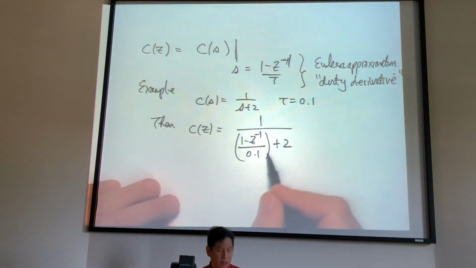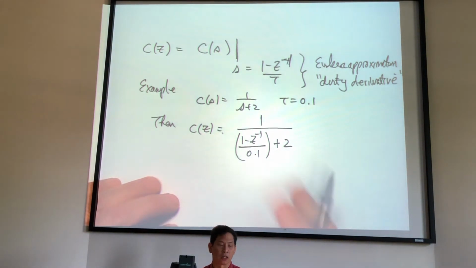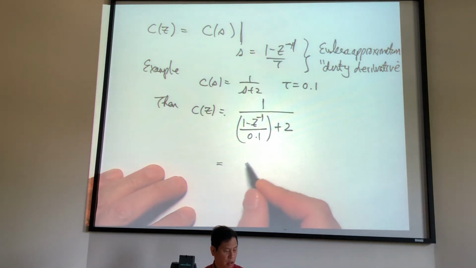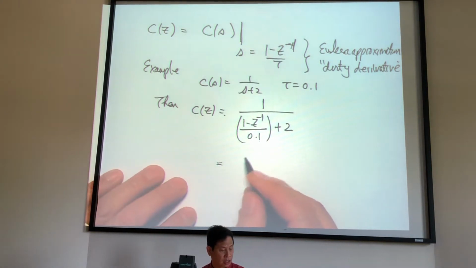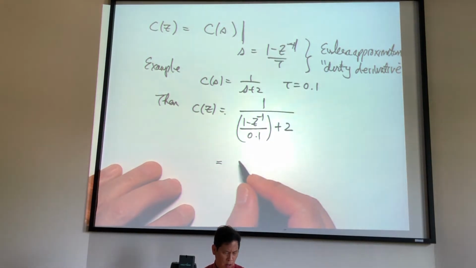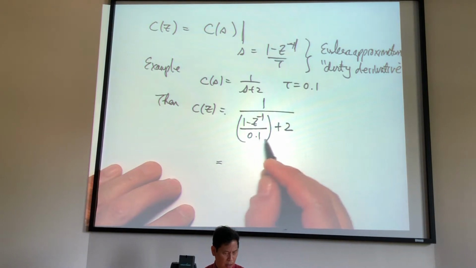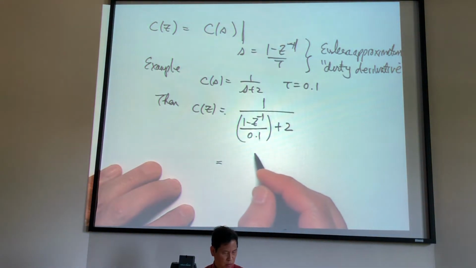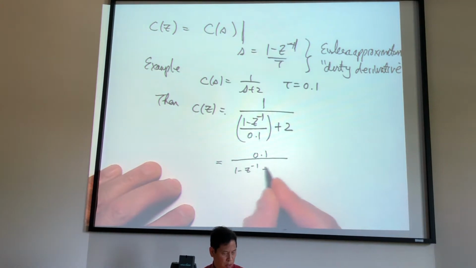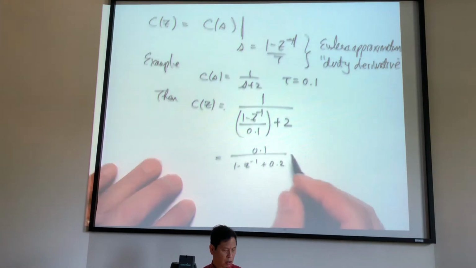Let's continue on a little bit. This still is not a difference equation, it's an expression in z. Let's clean up the algebra a little bit. Oh, so you all help me out. I have to talk and write at the same time, so I might make an algebra mistake, so watch me like a hawk. Okay, so I think the way I'm going to clean this up is I'm going to multiply through by 0.1, and then this becomes 1 minus z to the minus 1 plus 0.2.